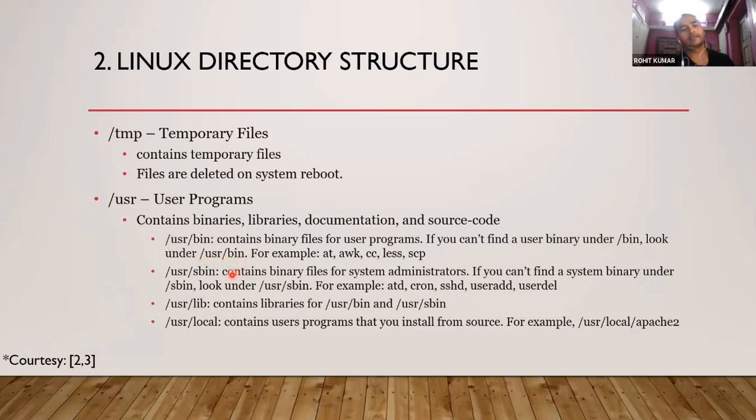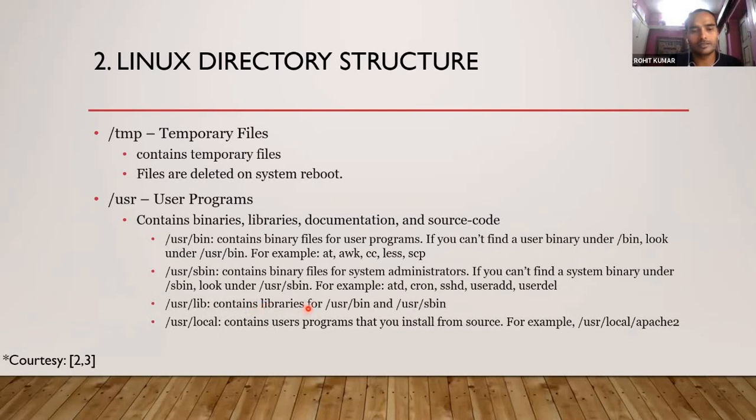Then it is the user sbin, the same sort of concept. If you don't find a system binary file under root sbin, then you find it under root user sbin. Then it is the root user lib.